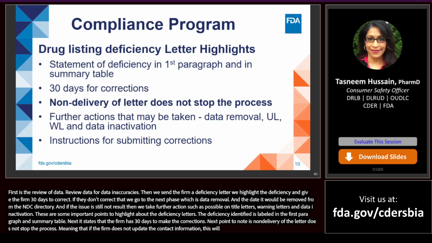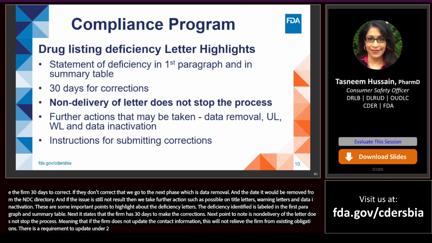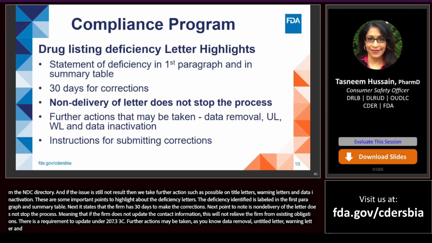There's a requirement to update, and this is found under 207.33(c). Further actions may be taken, as you know, data removal, untitled letter, warning letter, and data inactivation. And also note that at the last part of this deficiency letter, there are specific instructions on how to send an updated SPL file.